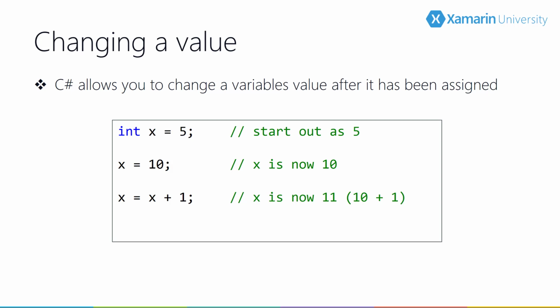This says the new value of x is going to be whatever is on the right-hand side. The right-hand side is the current value of x, so that's 10, plus 1. 10 plus 1 is 11, now x is 11. With this formula, no matter what the previous value of x was, it will always increase by 1.